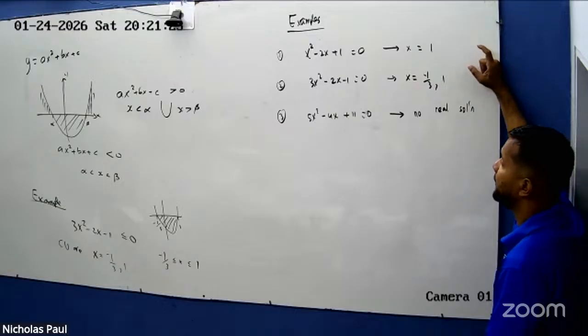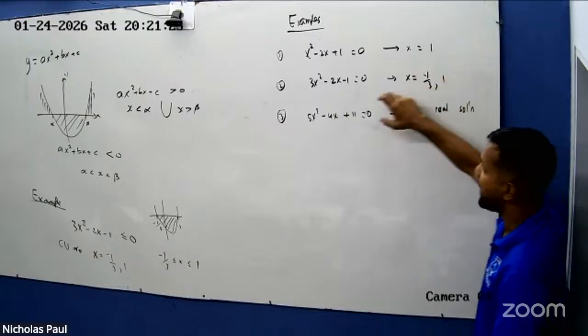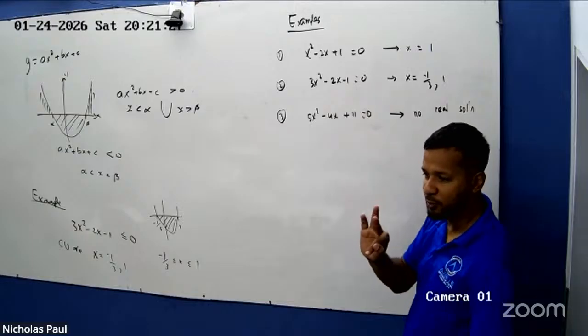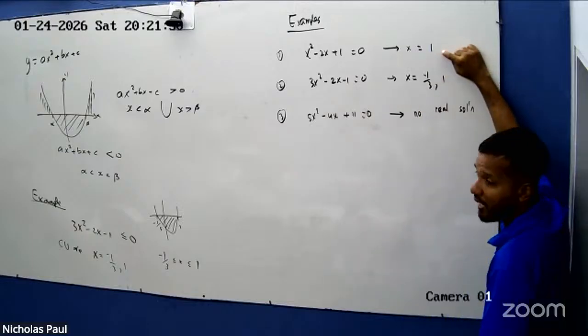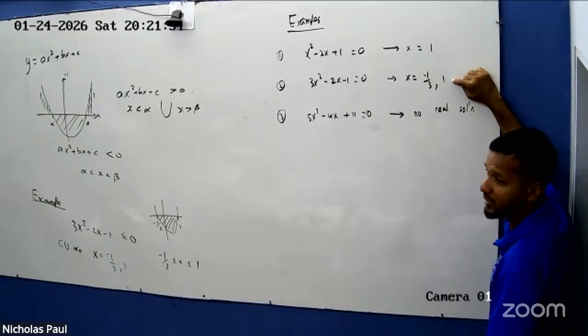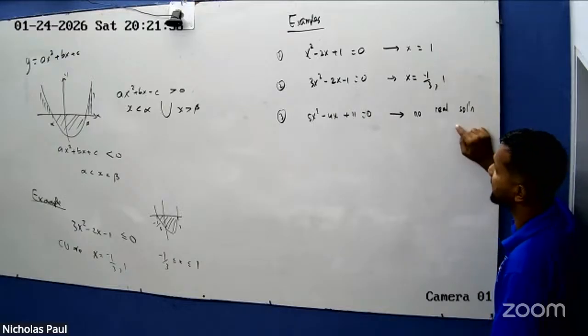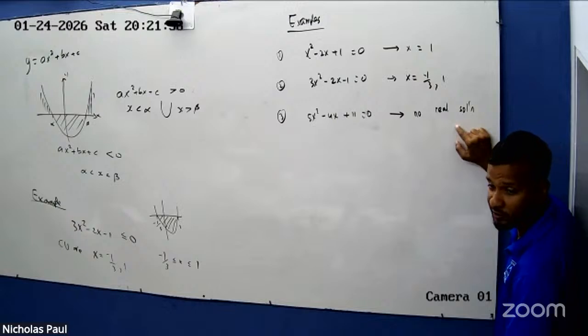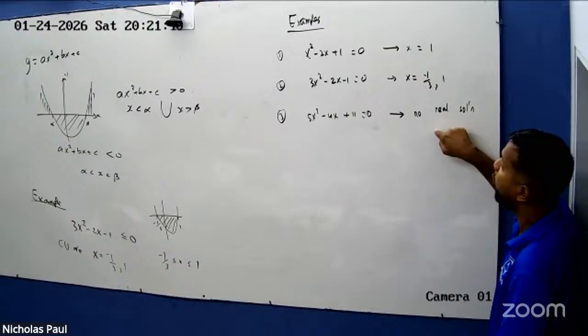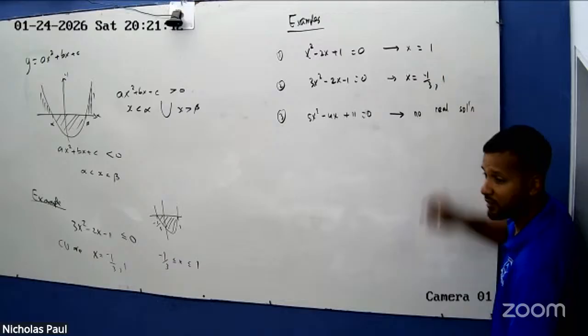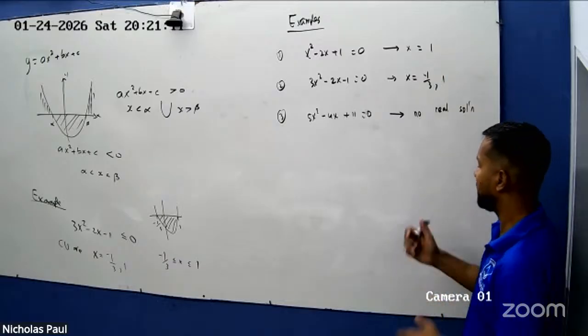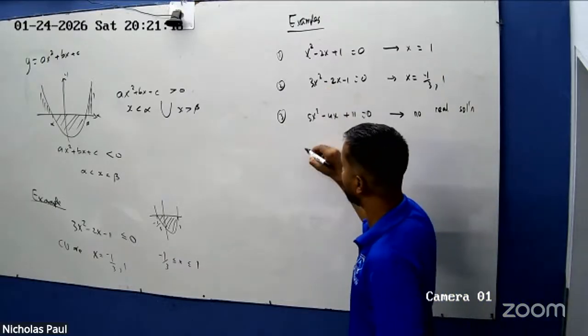What was I going to tell you? If you look here, whenever you solve a quadratic, you have 3 options. Your first option is you have one solution. The second option is that you have 2 solutions. The third option is it could have no solutions. What determines this?